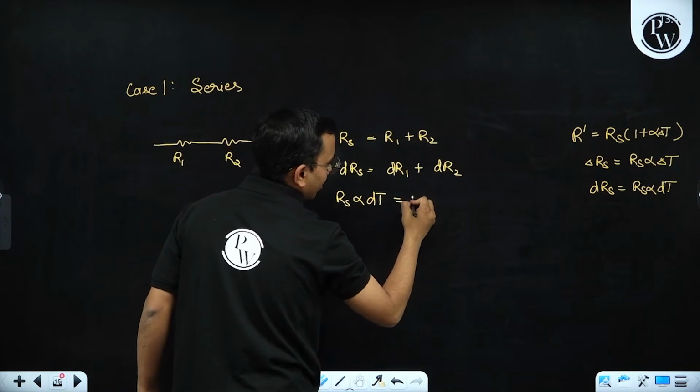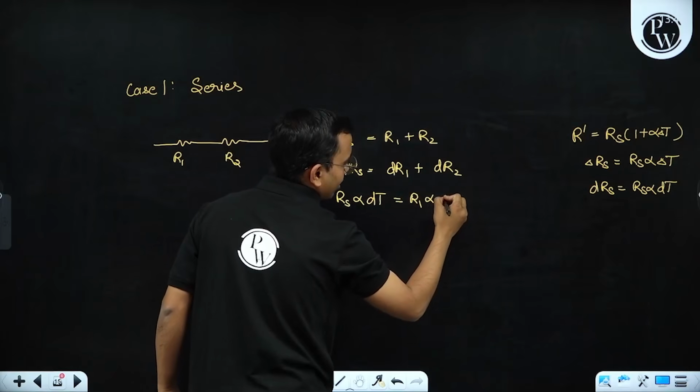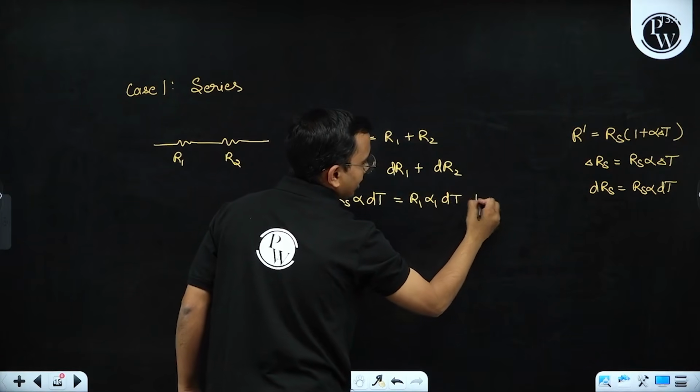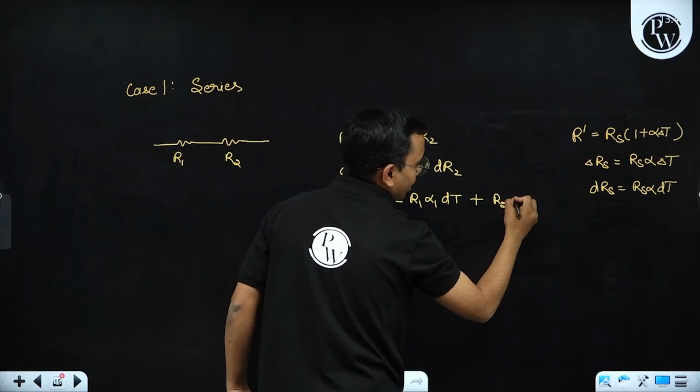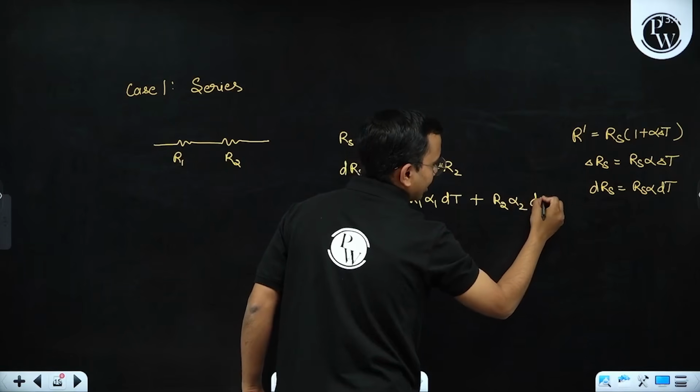This is R1 into alpha 1 into dt. This is R2 into alpha 2 into dt.